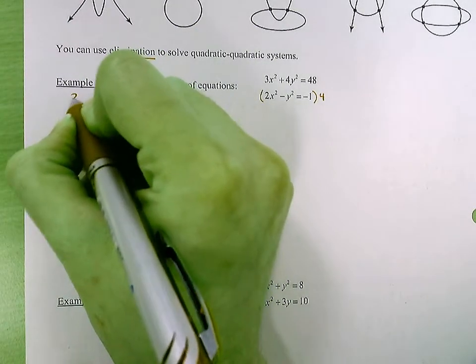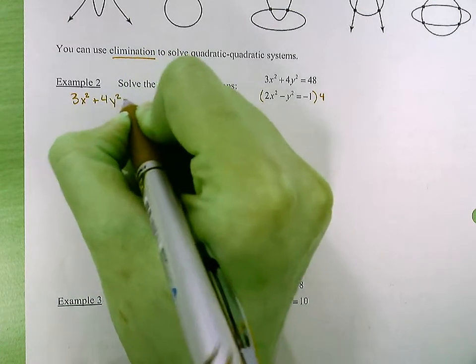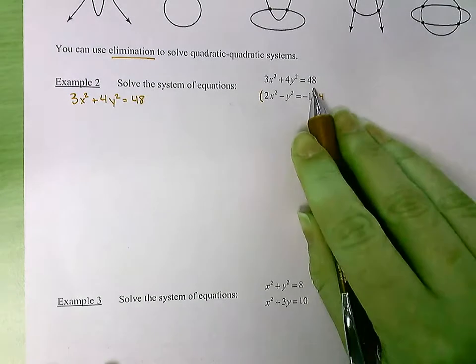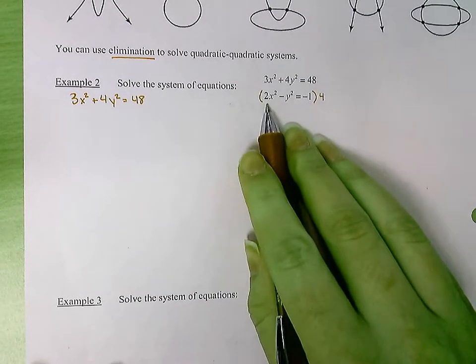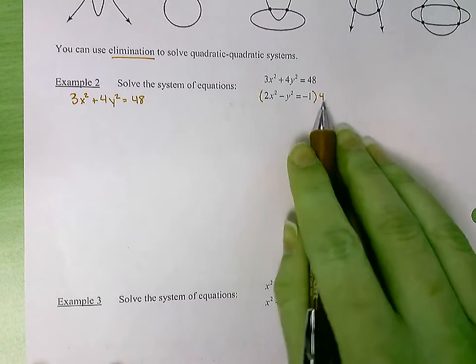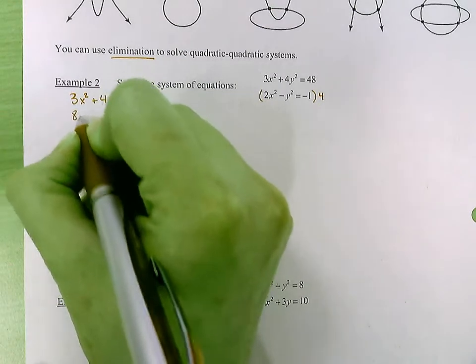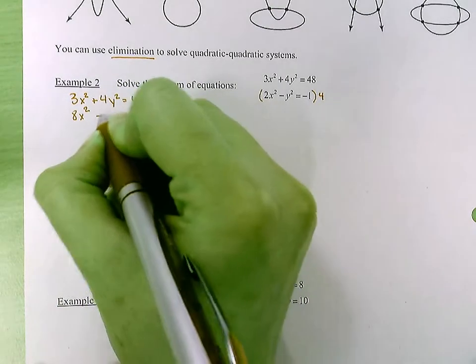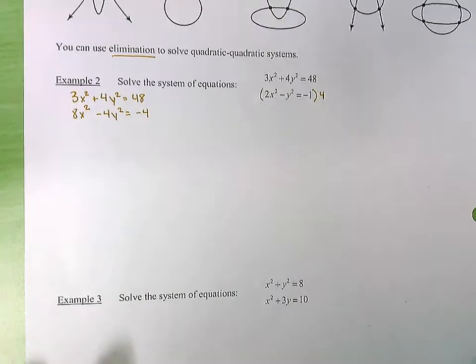So I'll have 3x squared plus 4y squared equals 48. That's the top one, I just rewrote it. For the bottom one, I'm multiplying each term by 4, so I'll have 8x squared minus 4y squared equals negative 4.